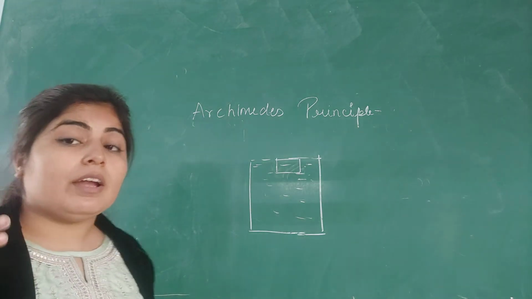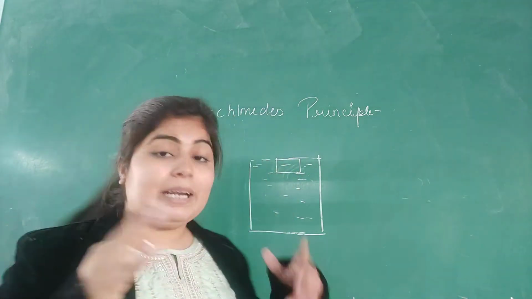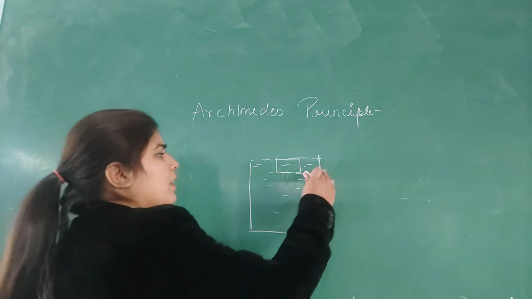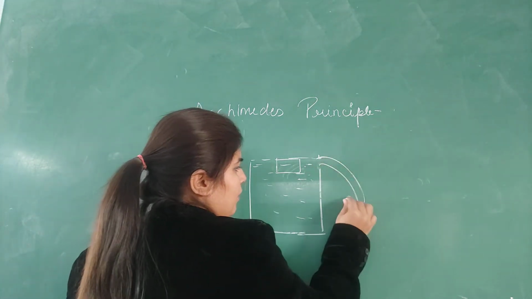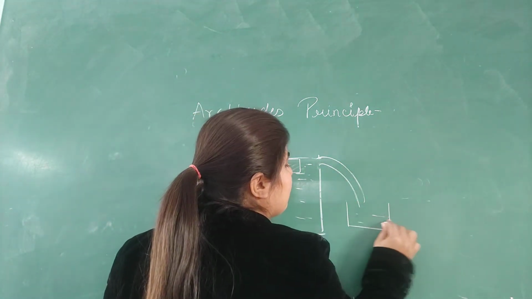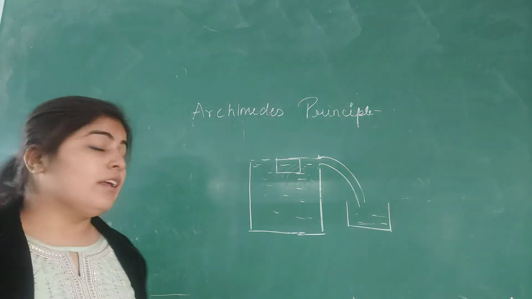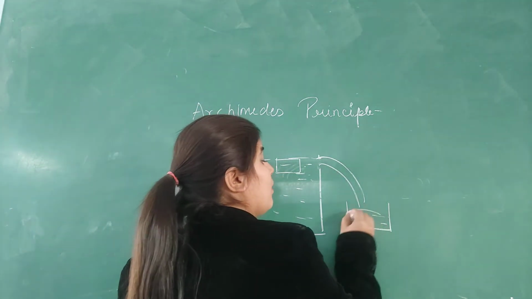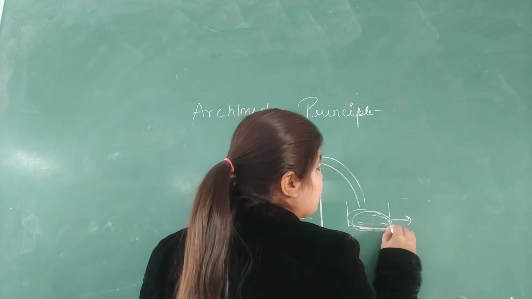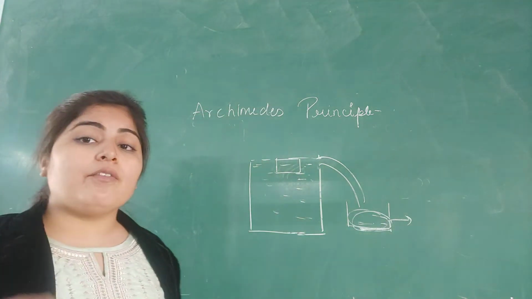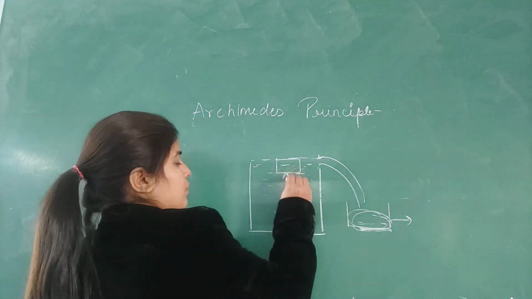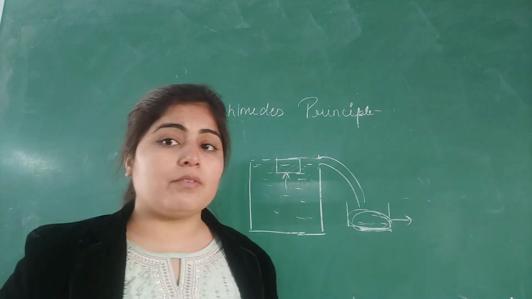Then the water will come out. It has been observed that whenever we measure the weight of this displaced liquid, it is equal to the buoyant force. How have we calculated the buoyant force?